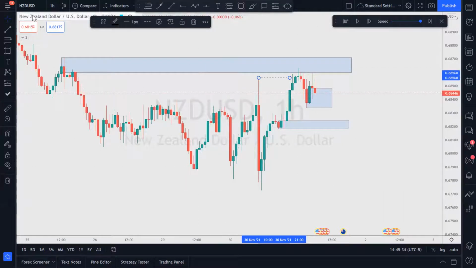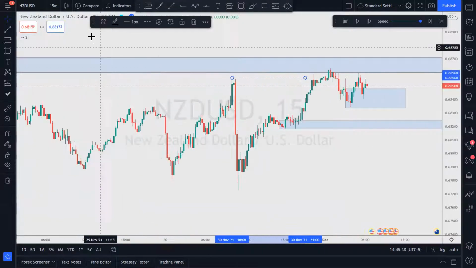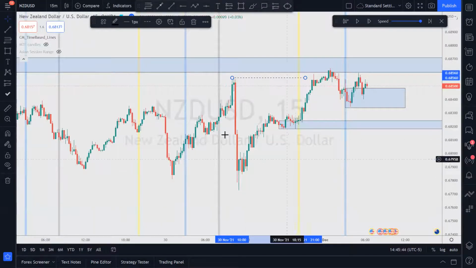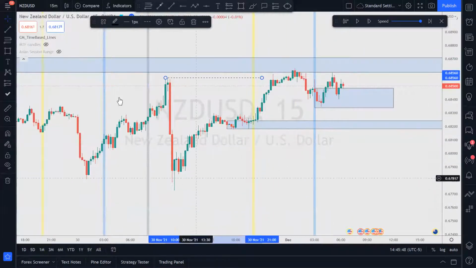Let's go down. Now we're getting down to the nitty gritty. Why is this nitty gritty? Because this is where I turn on my session indicators. So I can look at New York, last New York session, and I want to mark the previous daily highs and lows.